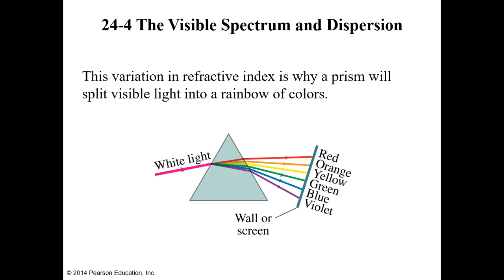Okay, so this variation in the index of refraction, along with the dispersion because of diffraction itself, explains why when you shine light through a prism, the light actually splits apart.